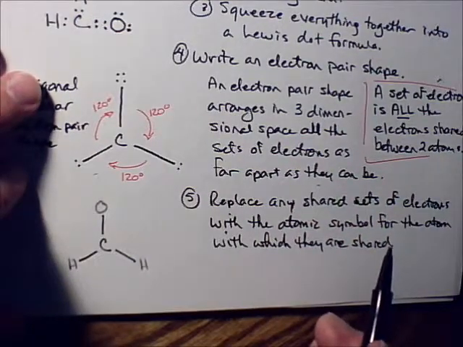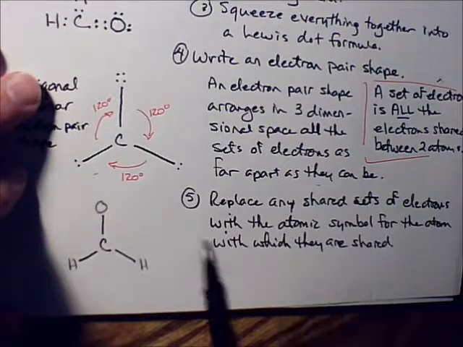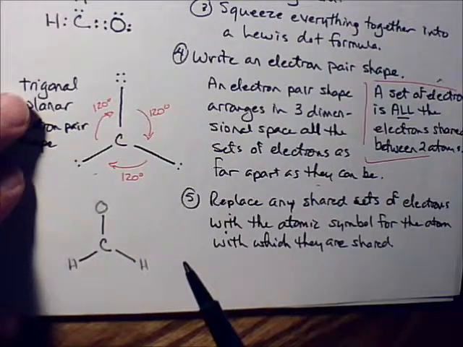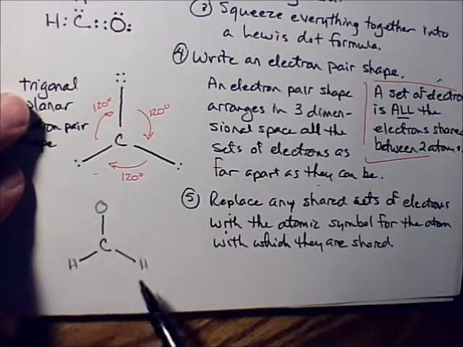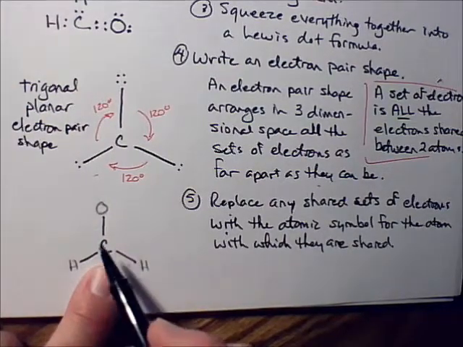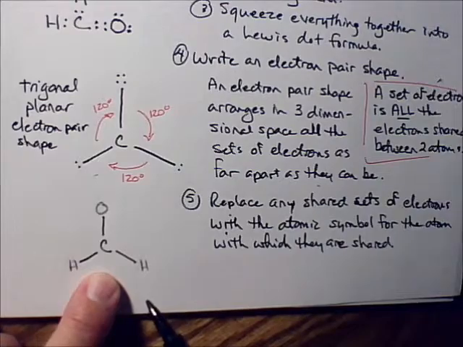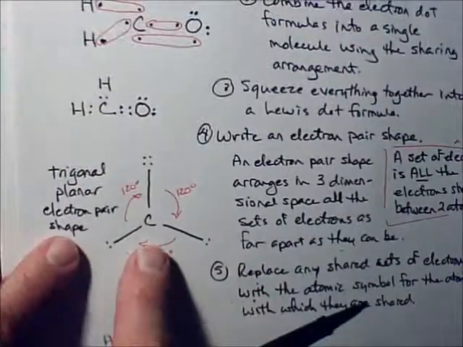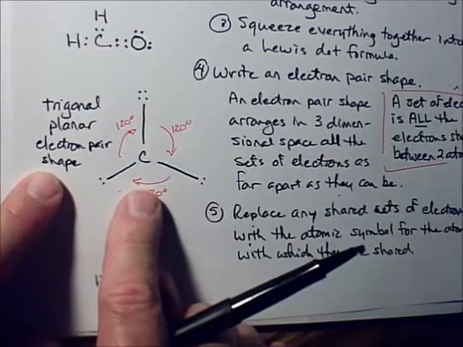I'm not sure I understand what your question is. Like the oxygen looks the same as the H's except it's different letters, right? But it doesn't matter. All we care about is the shape of all these angles right here. That's what we care about when we're doing this. Okay? Now, what's the geometry of this electron pair shape?